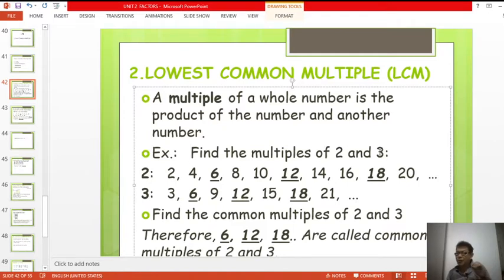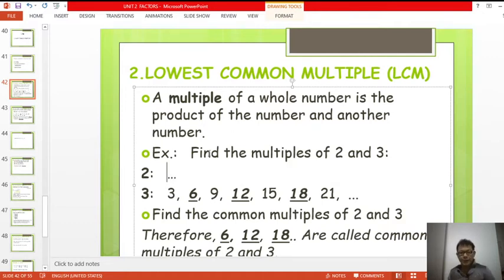Before that, we have to think: what is a multiple? Multiple means we are going to use multiplication. And how do we use it? The first thing you do is write these two numbers, 2 and 3, vertically.